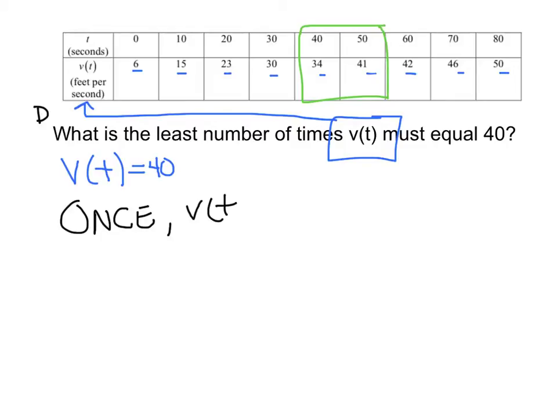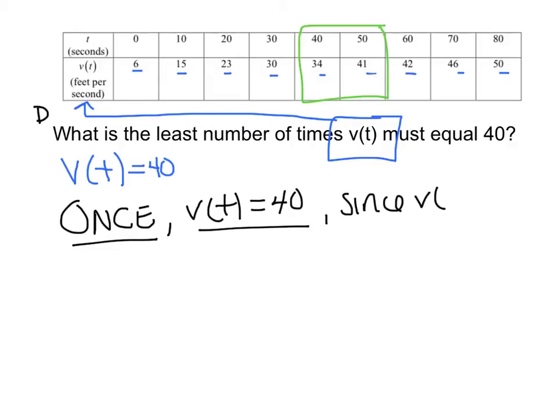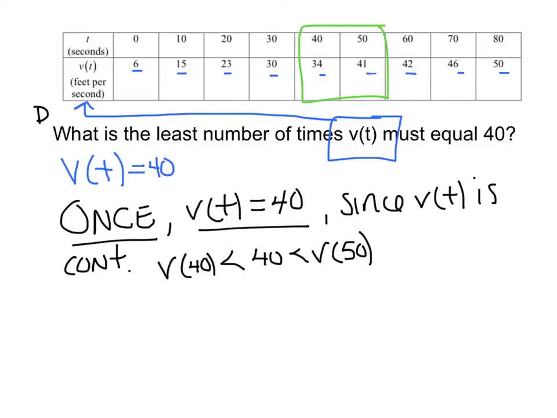v of t must equal 40. So kind of answer the question and reply what they asked. Once v of t must equal 40. Since v of t is continuous, and that had to be true, we were told that in the directions, I believe, since v of t is continuous, and now you just state where it happens. And v of 40 is less than 40, which is less than v of 50. Is that a true statement?